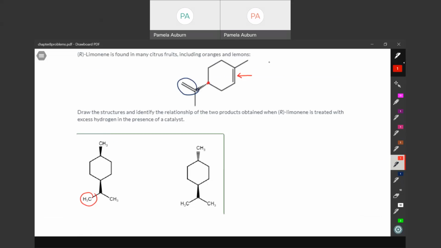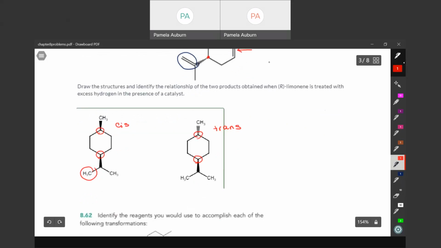So you could form one where the 2 substituents off of the cyclohexane are on the same side, or where they are on opposite sides. So this would be cis, and this would be trans. And what you can see here is that the stereochemistry at this carbon and this carbon is the same in both structures, but the stereochemistry at the top would be different. So these will be diastereomers.